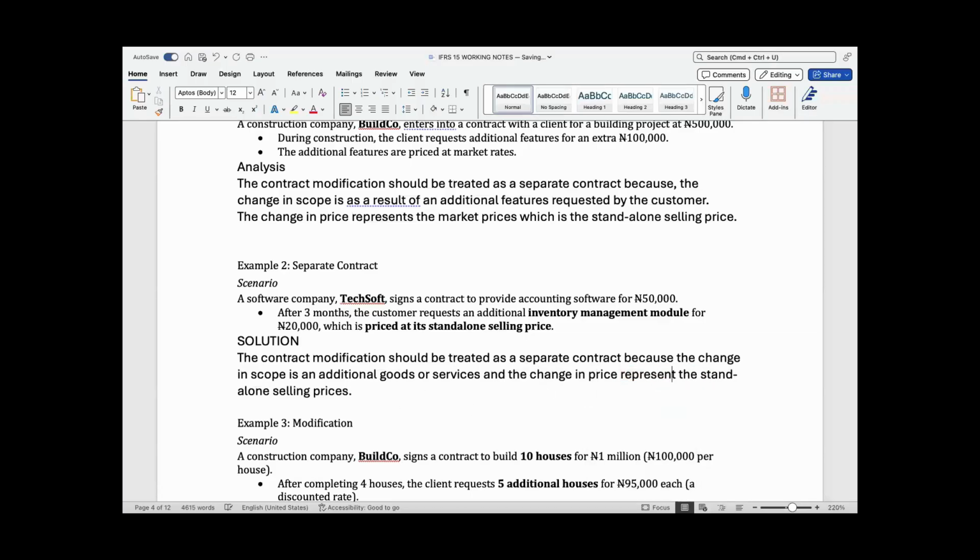So you can see the contract modification as a separate contract.